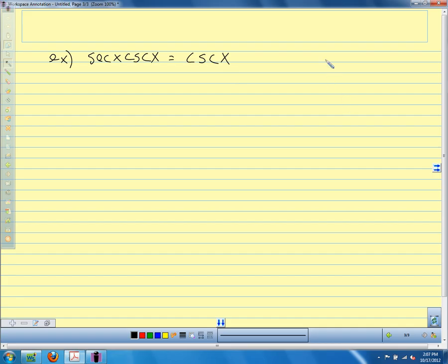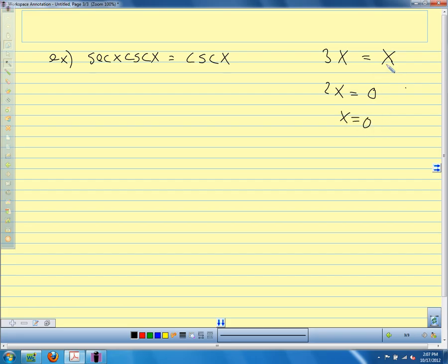If we had an equation that said, let's say 3x equals x, and we wanted to solve for x, what would we do with this equation? We will just subtract the x. So we would get 2x equals 0, or x equals 0.